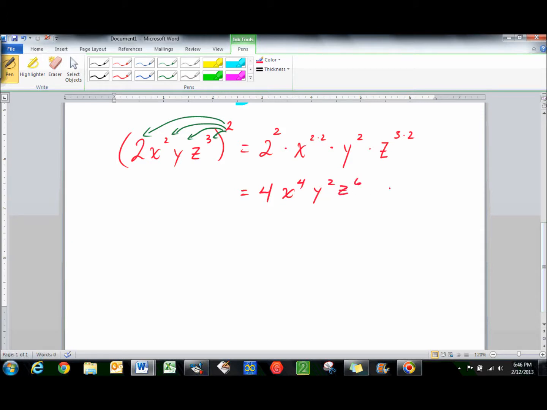And of course if I do not put any operation between my variables and my coefficient, it is an understood multiplication problem.